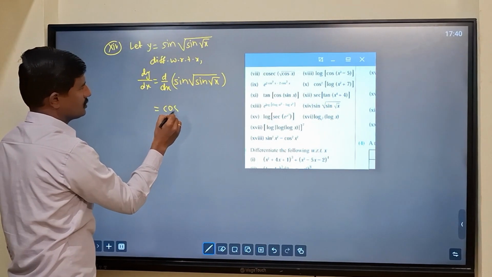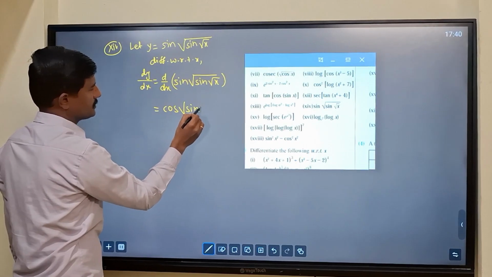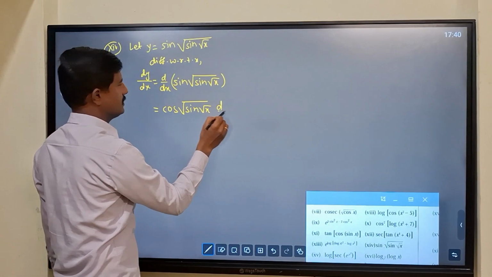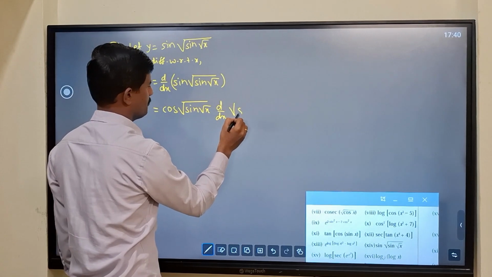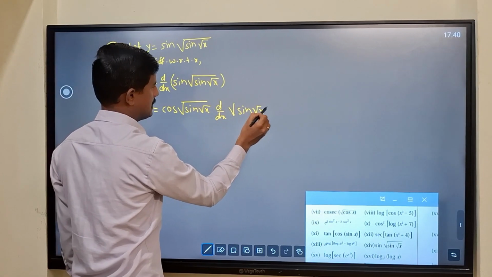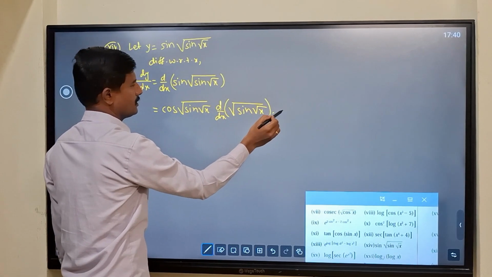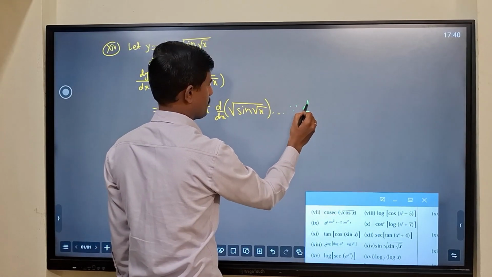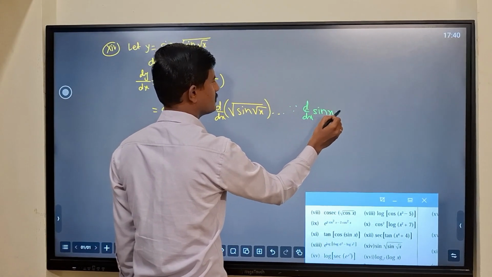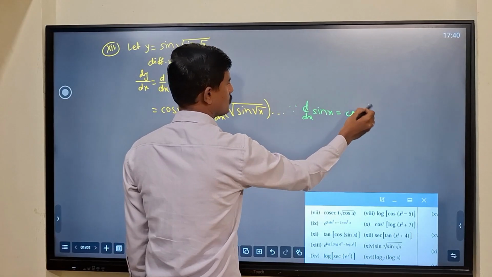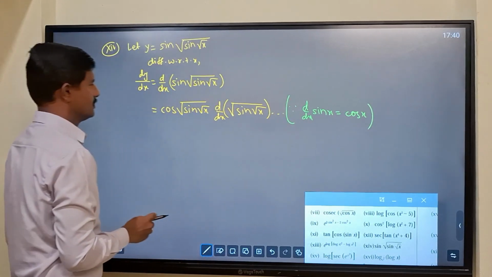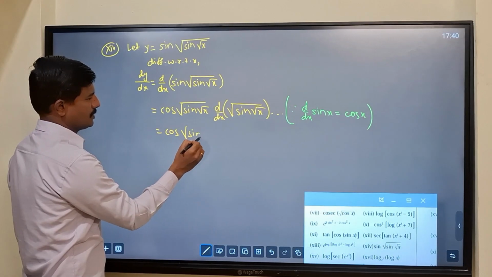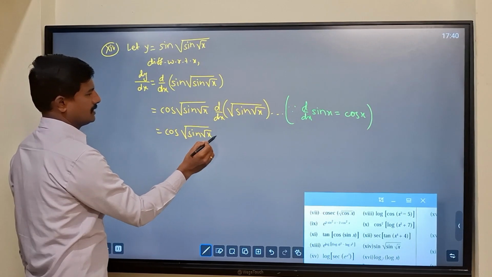Differentiation of sine is cos of root of sine of root x, d dx of root of sine of root x. Here we used formula d dx of sine x is cos x.